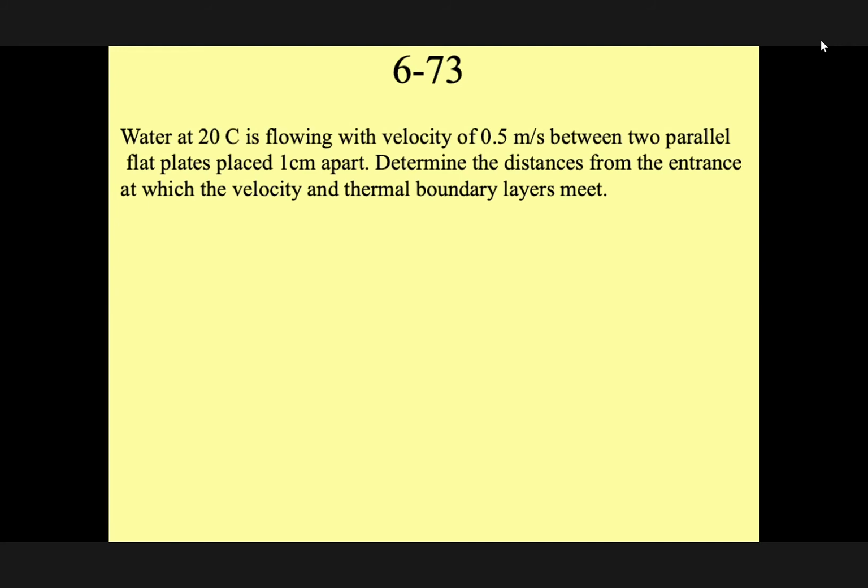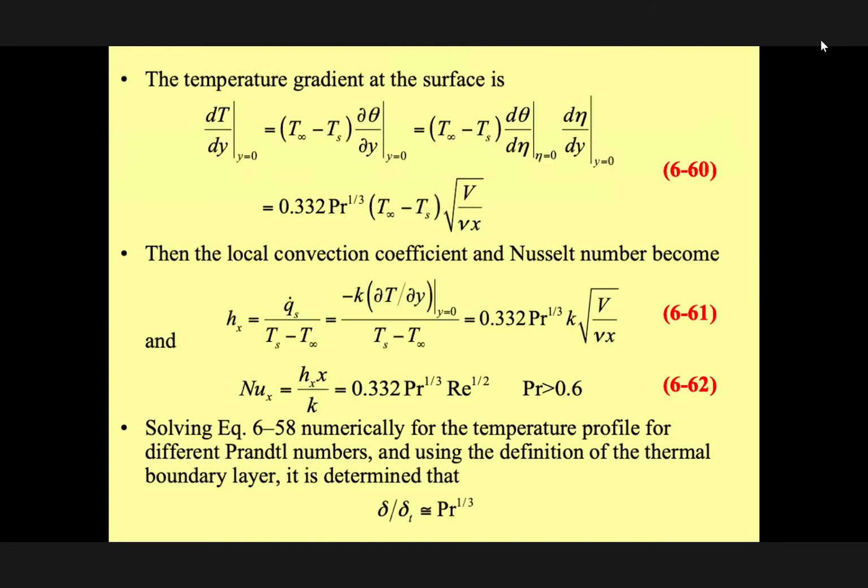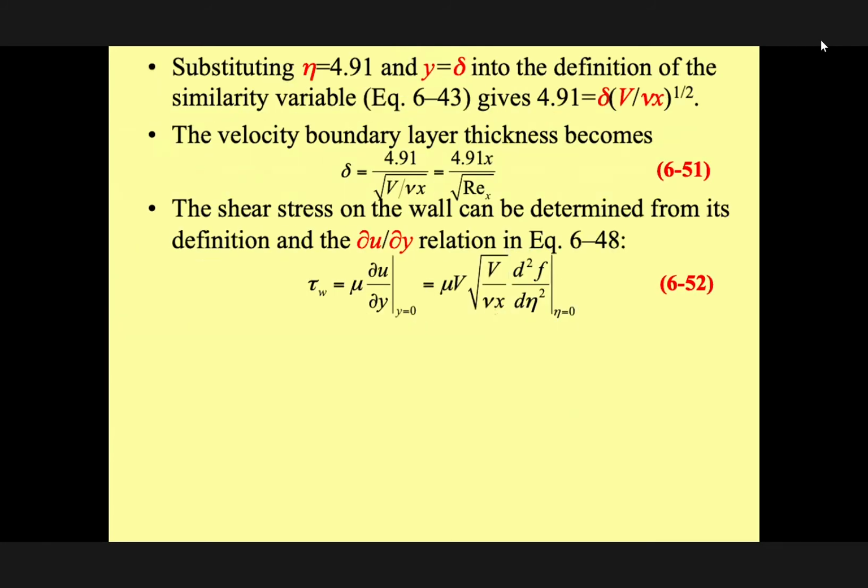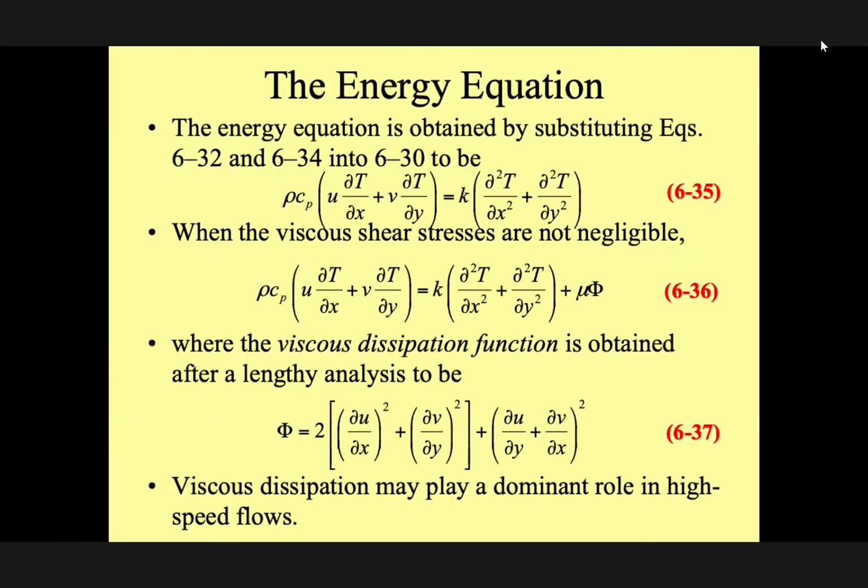How are we going to solve it? I do not know how it's done. We have two parallel plates, and the flow is passing between these two. Describe to me the phenomena. We have the solution here for one flow.